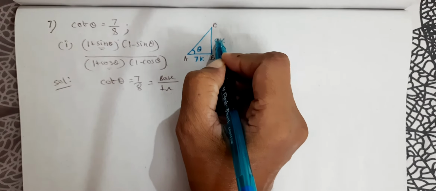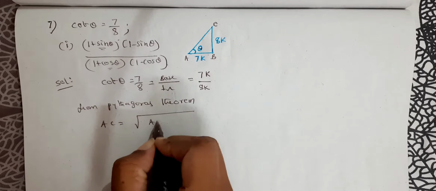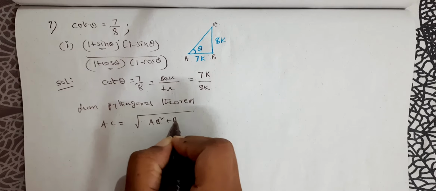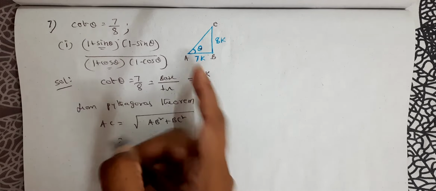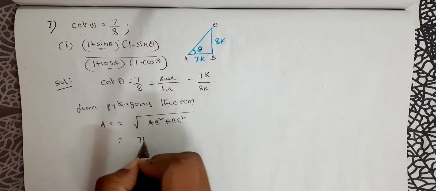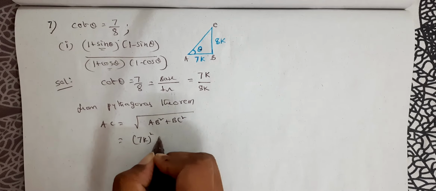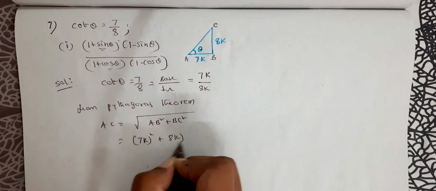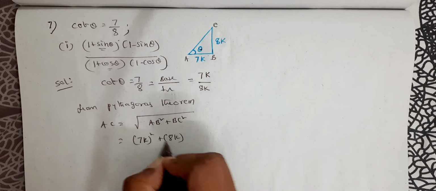Now using Pythagoras theorem, we can find AC as the square root of AB square plus BC square. AB is 7k whole square plus BC is 8k whole square, under root.